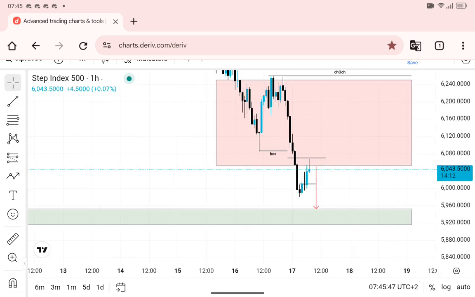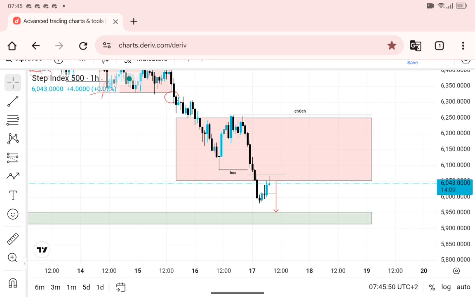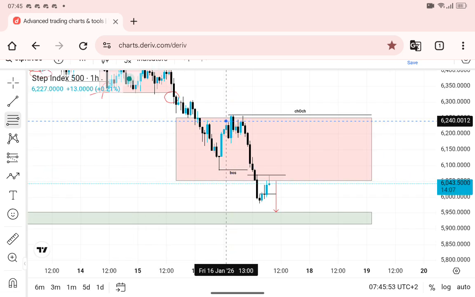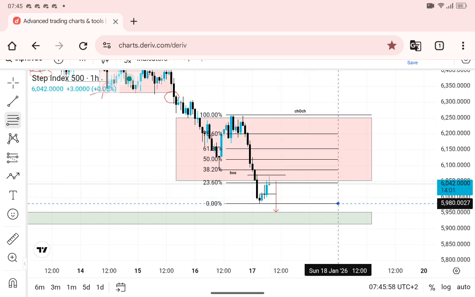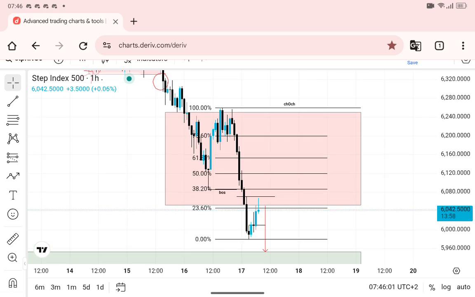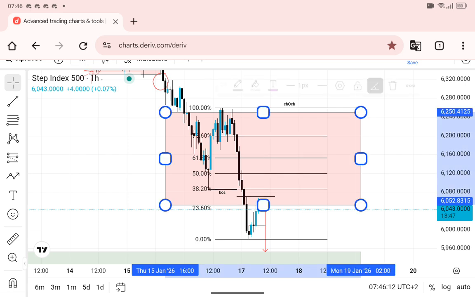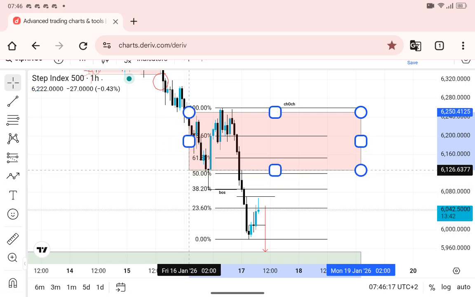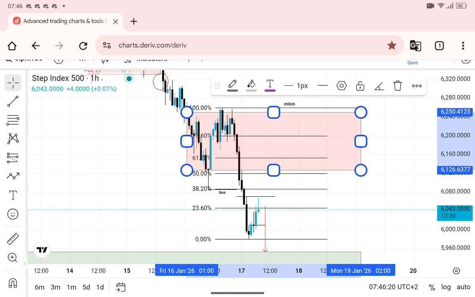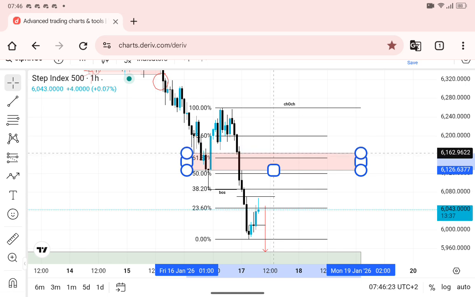When they shift here, that means now we have a new low there. But looking at the structure, what I can do is pull my Fibonacci from here to here. So if I look at the structure here now, I can see that inside my range we have a supply around 78.6, but how we broke structure was with an impulsive movement. So what I will simply do is look at 50% and 61.8. Around 50% and 61.8, you can see we have a breaker block here.